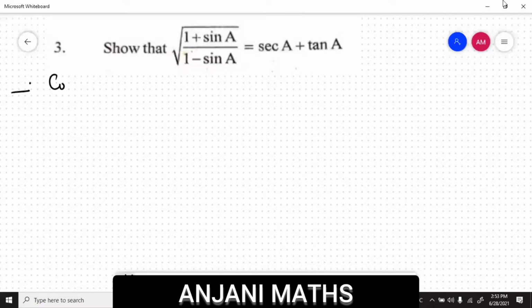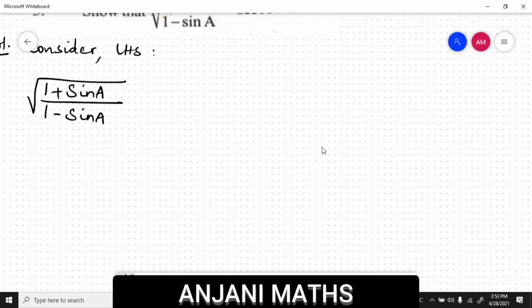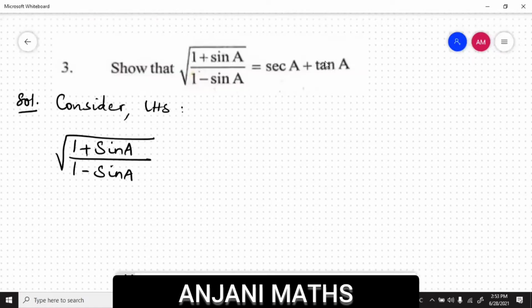So consider left hand side. Left hand side. So what we have? Square root of (1 plus sin A) by (1 minus sin A). There is no square root in the right hand side.